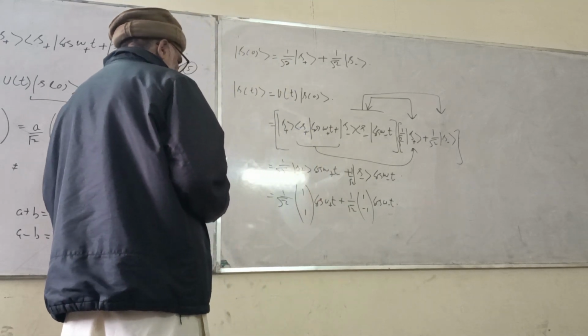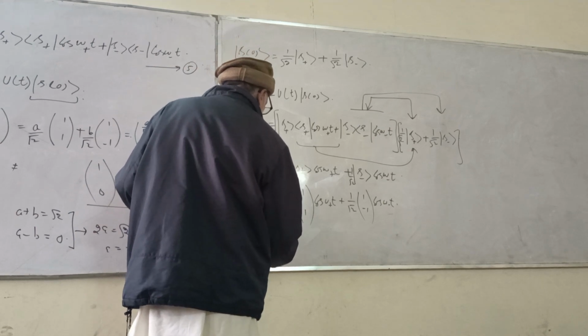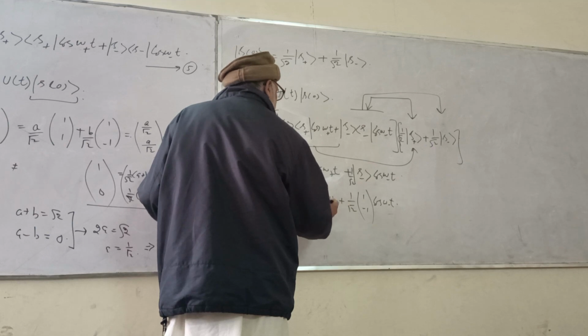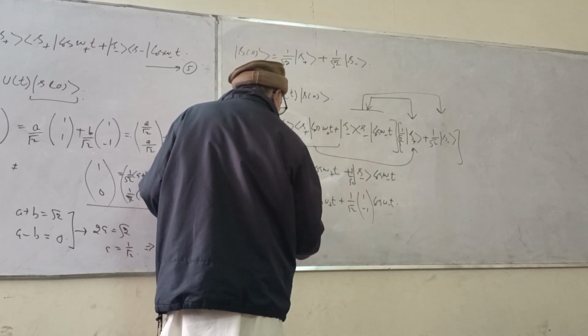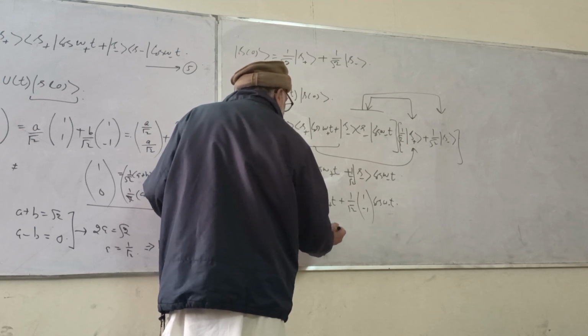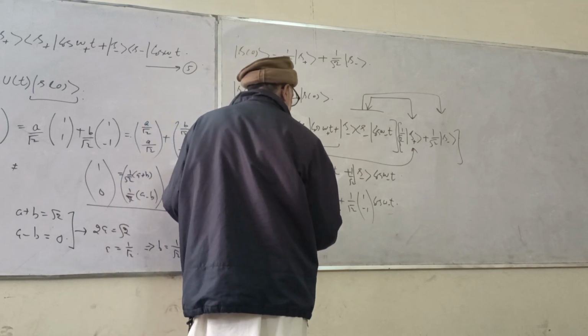We can write them like 1/2 square root, and cosine of omega plus t plus cosine of omega minus t, adding these two.